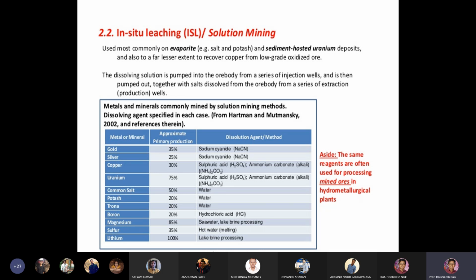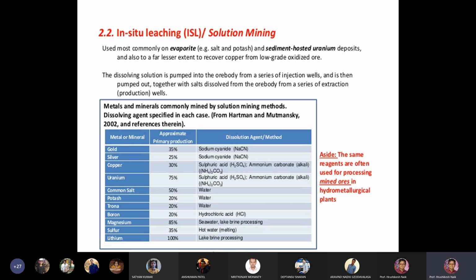So uranium mining and copper mining use sulfuric acid and ammonium for the extraction of uranium and copper from the deposits. But in the case of a copper deposit, you get only 30% production, whereas in the case of uranium deposits, you get 75% of the production.